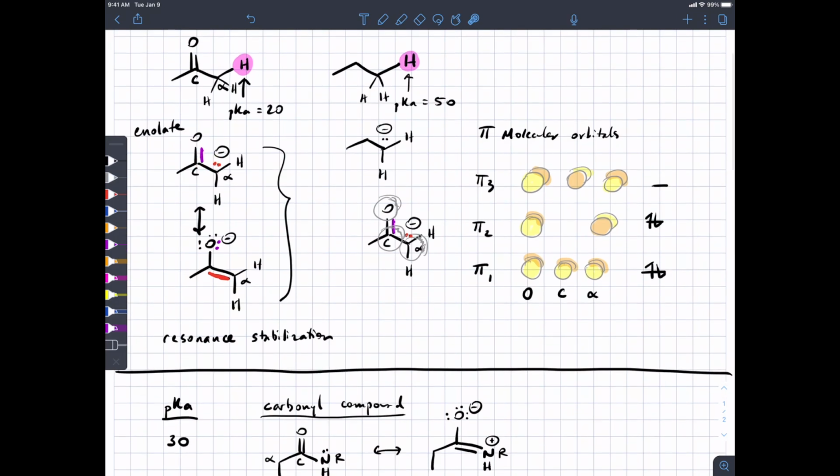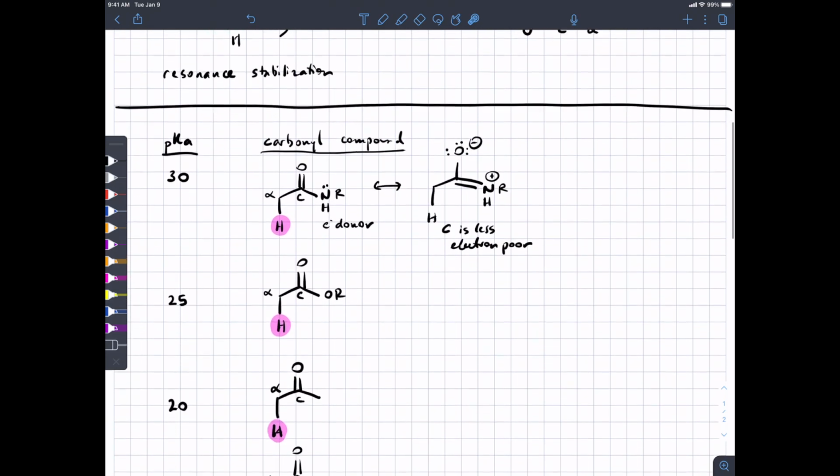So you would predict that more electron poor carbonyls should have more acidic alpha protons, because if the carbonyl is electron poor, that's going to make it even more favorable for this negative charge to delocalize into the carbonyl.